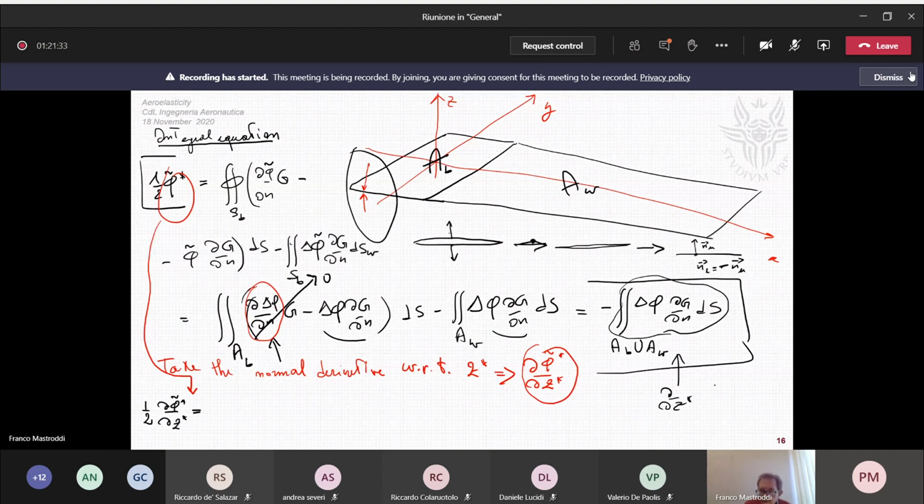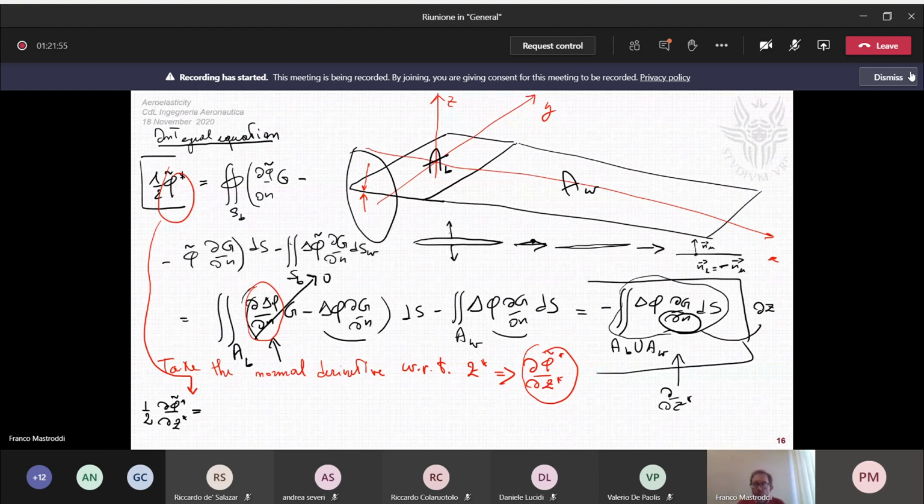First of all, this normal at the moment, in this limit condition, is coincident with a derivative with respect to zeta, not the star quantity, but the normal is now zeta.